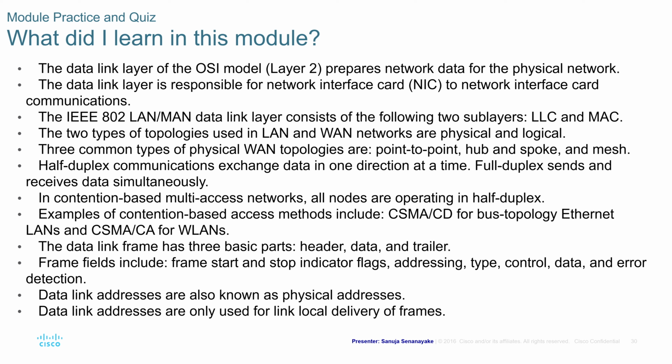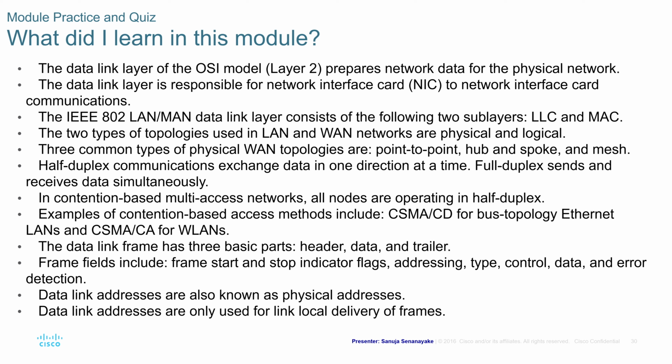Examples of contention-based access methods include CSMA/CD for bus topology Ethernet LANs, and CSMA/CA for WLANs or wireless networks. While the bus topology is considered legacy, WLANs are not legacy. They are still in use for modern wireless communications.